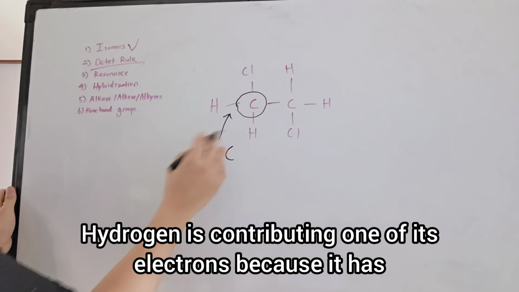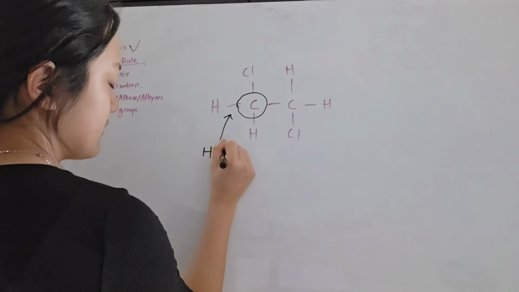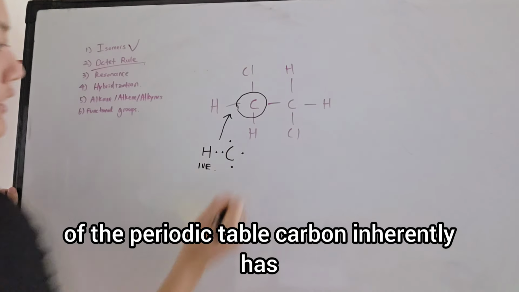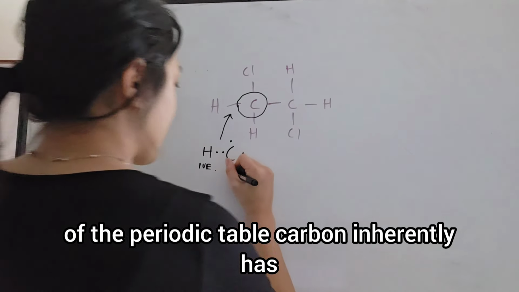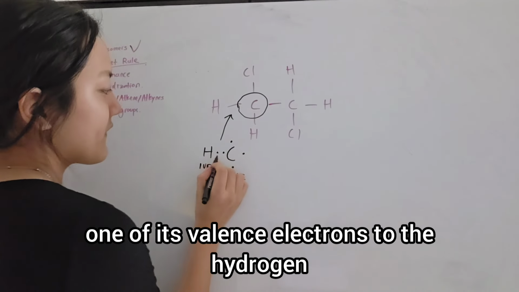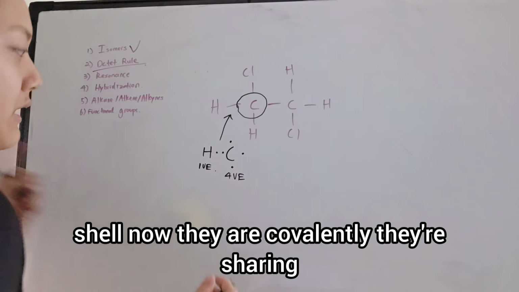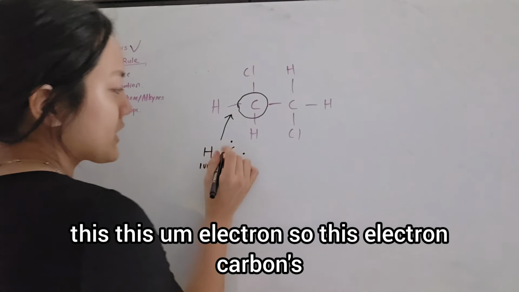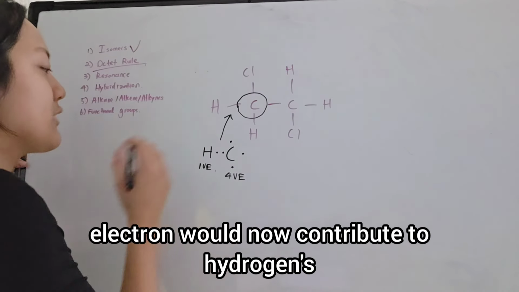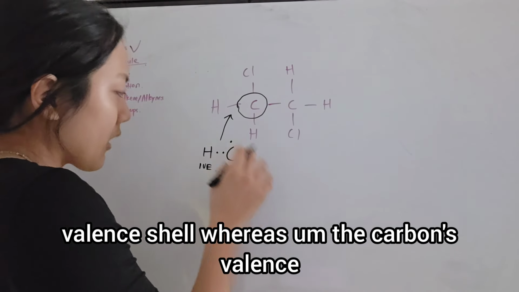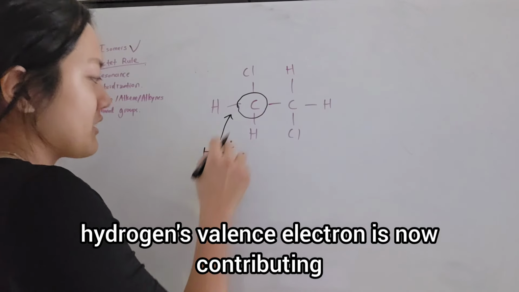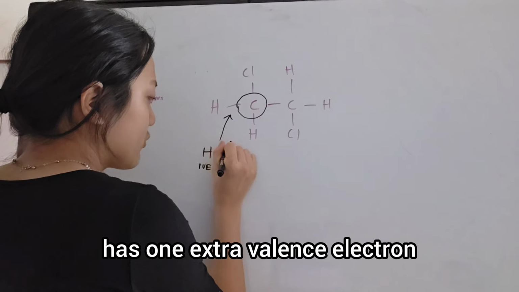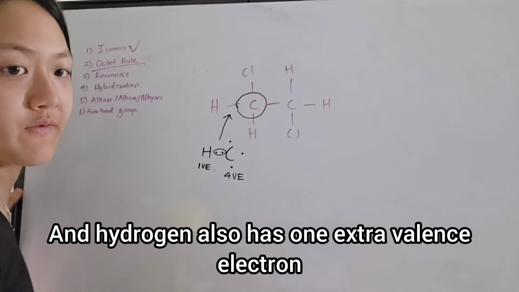Hydrogen is contributing one of its electrons because it has 1 valence electron. It's on the first element of the periodic table. Carbon inherently has 4 valence electrons, so it's contributing one of its valence electrons to the hydrogen shell. Now they are covalently sharing this electron. So carbon's electron would now contribute to hydrogen's valence shell, whereas the hydrogen's valence electron is now contributing to carbon's valence shell. So now carbon has 1 extra valence electron, and hydrogen also has 1 extra valence electron.